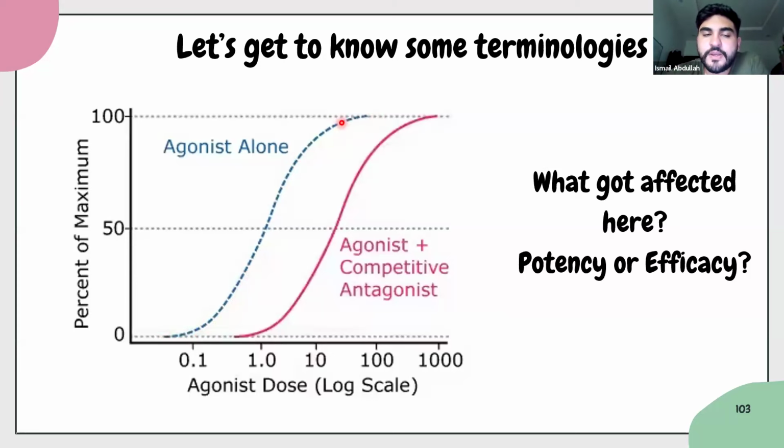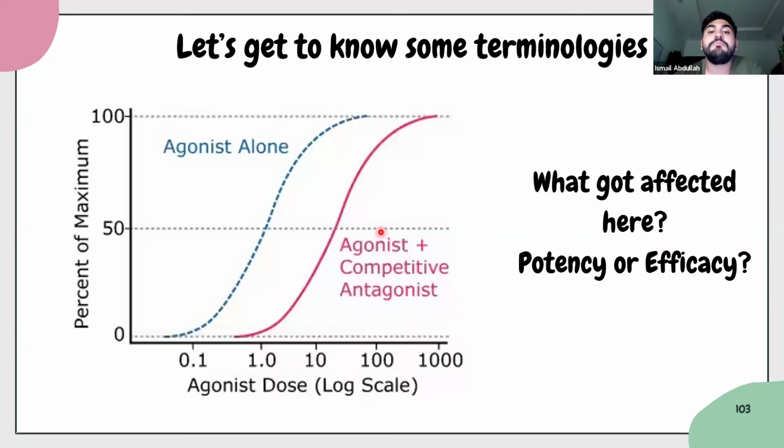Maximal efficacy is one, and the other one is potency. So when I tell you what happened here, what got affected, potency or efficacy? Can someone give me a fair guess? Potency. You're correct. Let me tell you why.